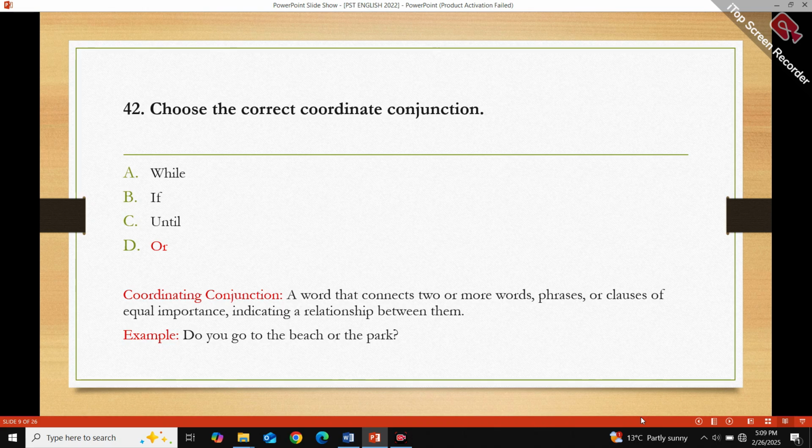If is also a subordinating conjunction used to introduce conditional clauses. Until is also a subordinating conjunction. It indicates a time limit. And the last one is or. Or is a coordinate conjunction because it shows a choice between two or more options of the same grammatical rank. So the correct option is the last one.